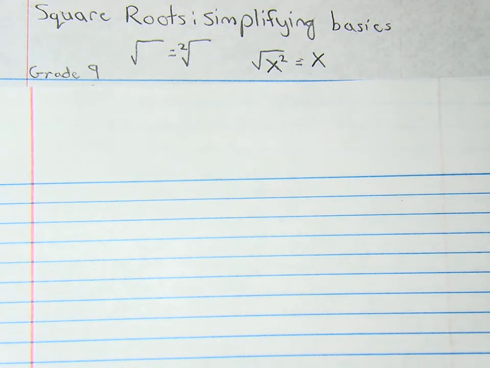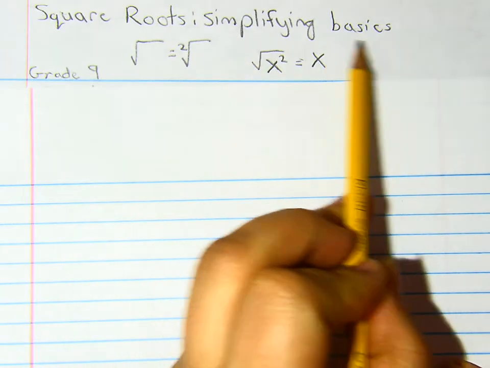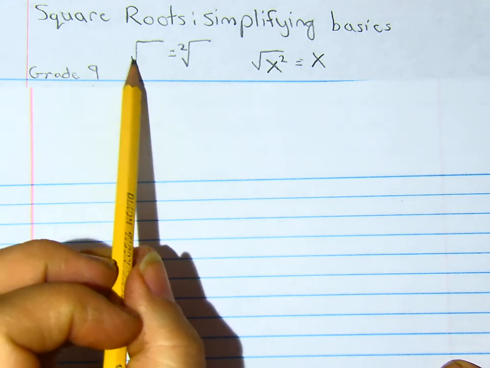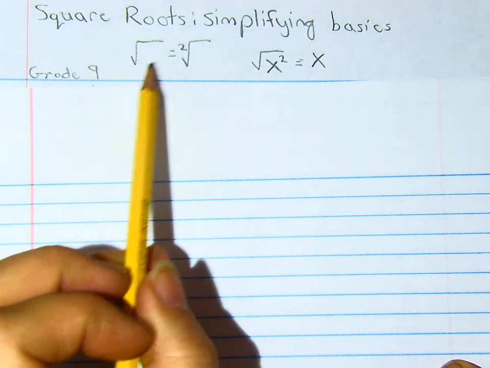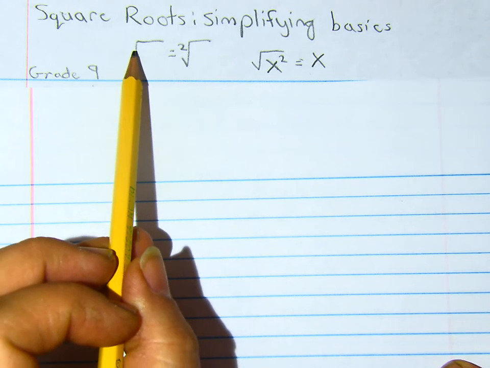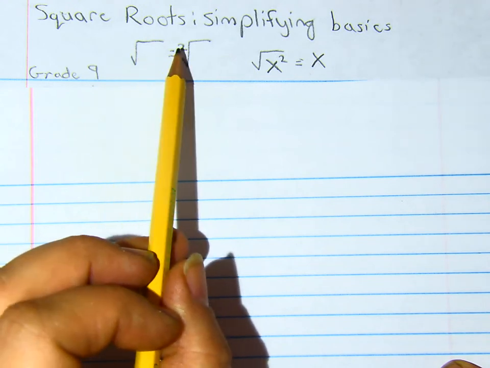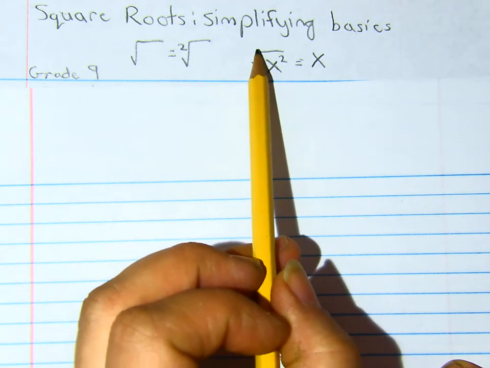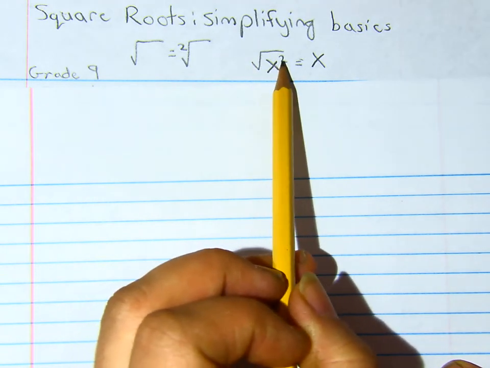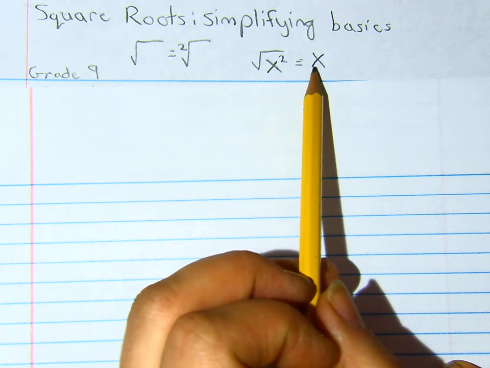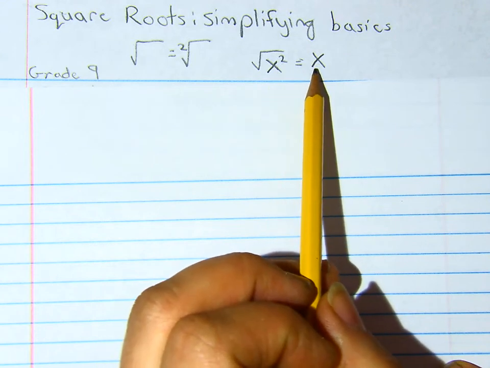All right, so in this video here, we are going to be looking at simplifying basics for square roots. So we just have a quick little reminder that if ever you have a simple radical sign here and there's no index, then that by default means that it's a 2 in a square root, and also the square root of any number squared, and this is key for our simplifying, is in fact that number.